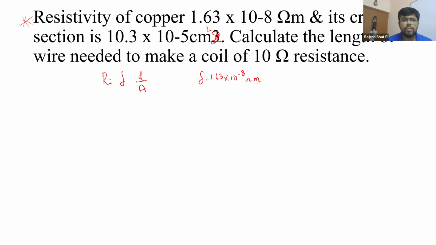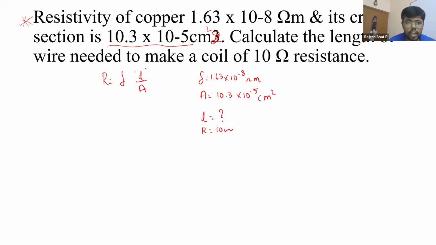Next, the area of cross section is directly given: 10.3 into 10 power minus 5 centimeter square. Next, the length we need to find out, and the resistance is given, which is 10 ohm.